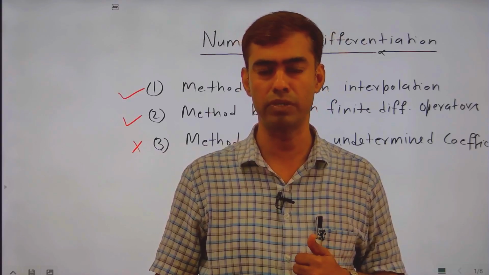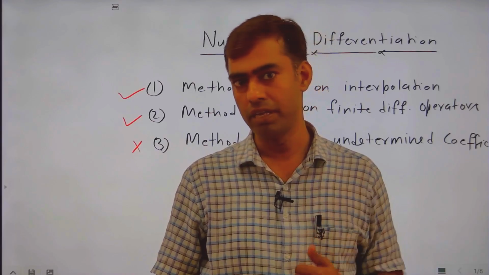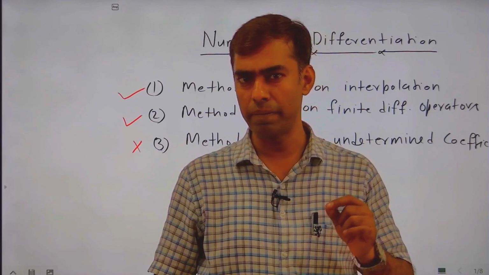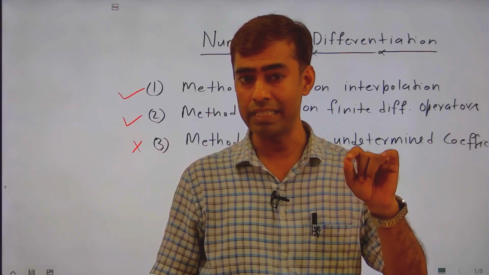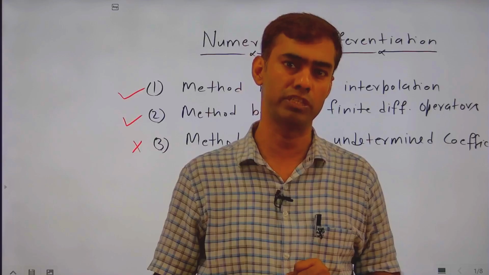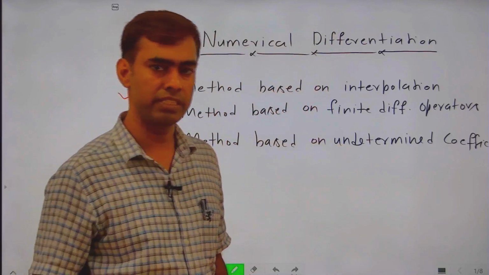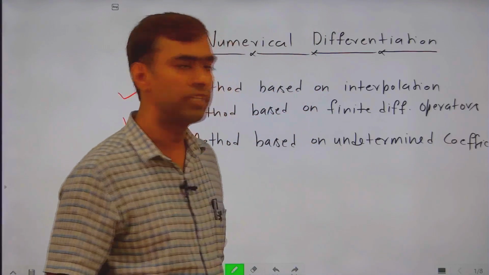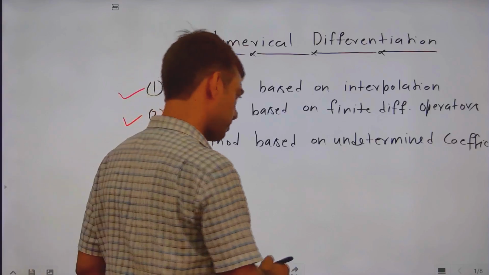And if we try to find a derivative at a central value or near the central value, then we use the central interpolation formula. So, one by one we discuss the method based on interpolation.